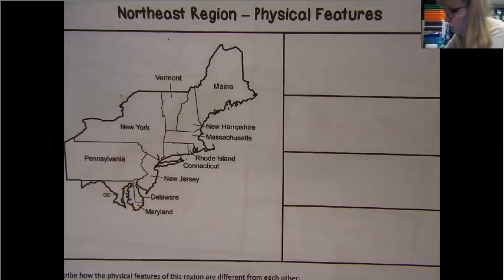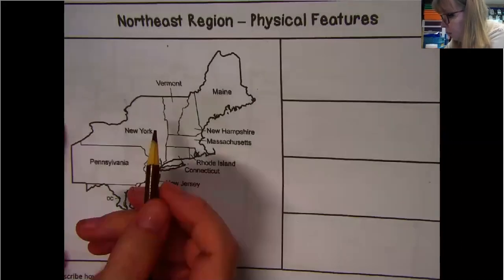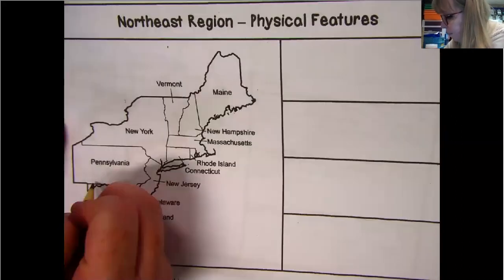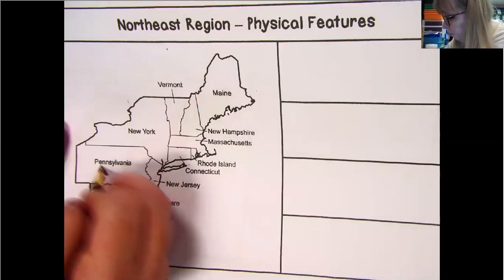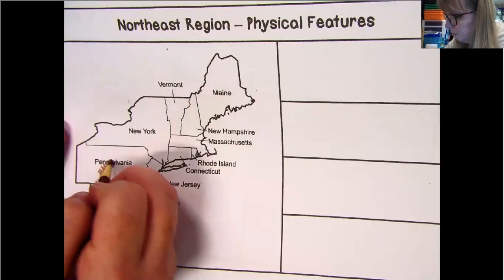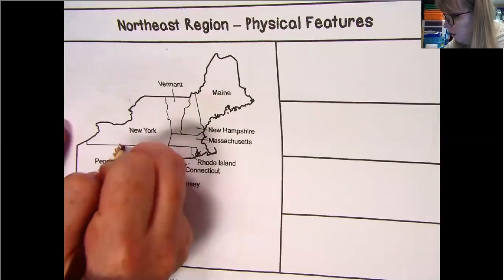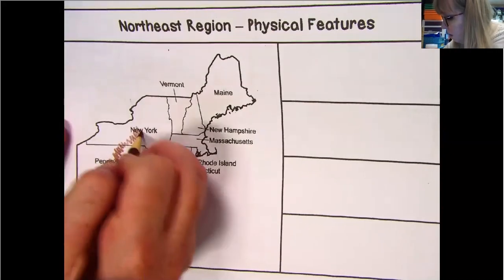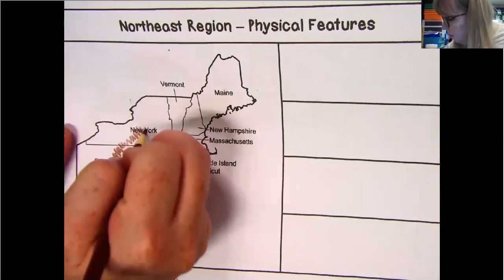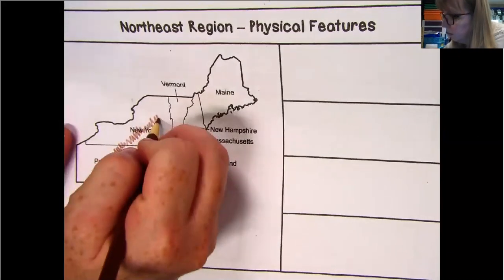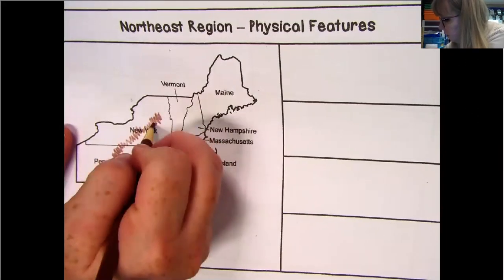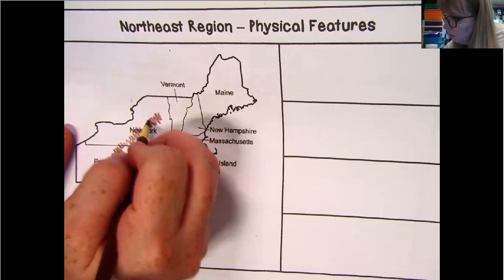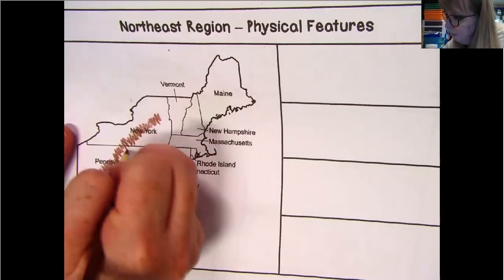So we're going to start with the Appalachian Mountains and the brown colored pencil. Okay.